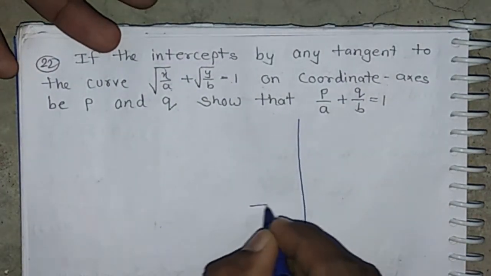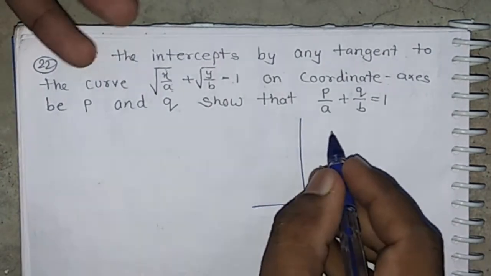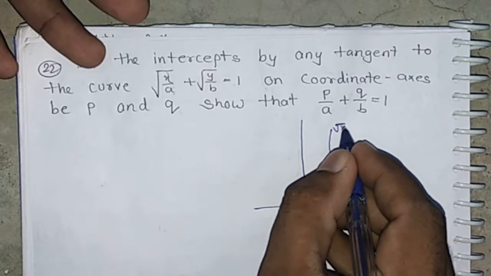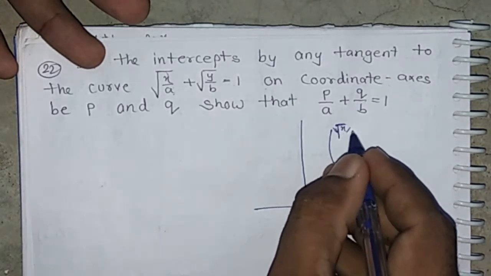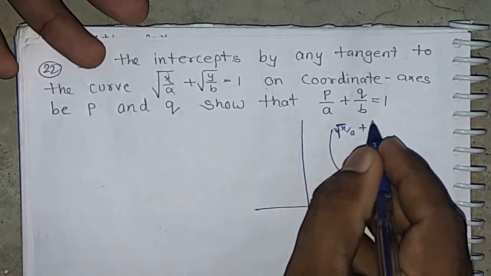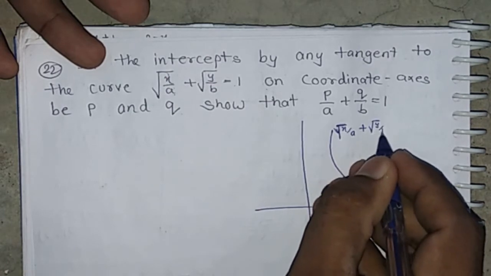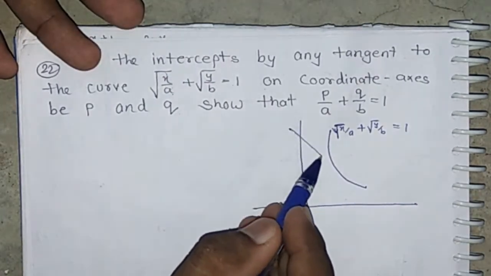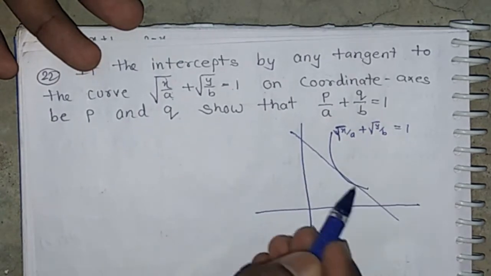Now let the given curve be root x by a plus root y by b equal 1, and let this be the tangent.